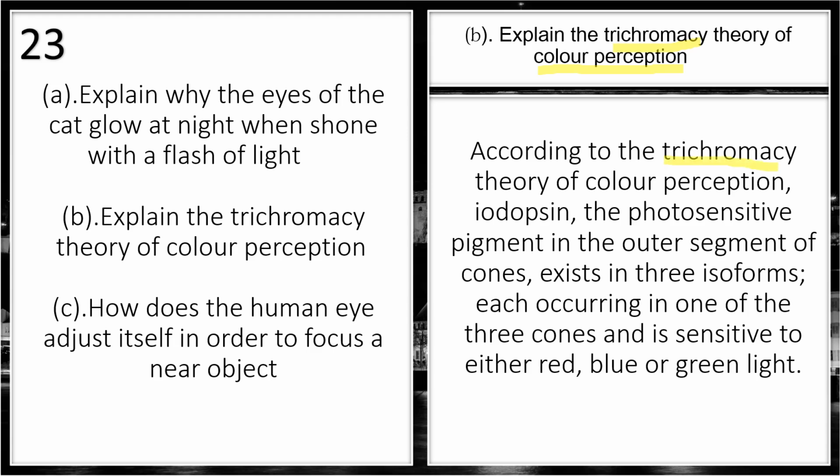According to the trichromacy theory, color perception depends on iodopsin, the photosensitive pigment in the outer segment of the cones, which exists in 3 isoforms, each occurring in one of the three cones and is sensitive to either red, blue, or green light.